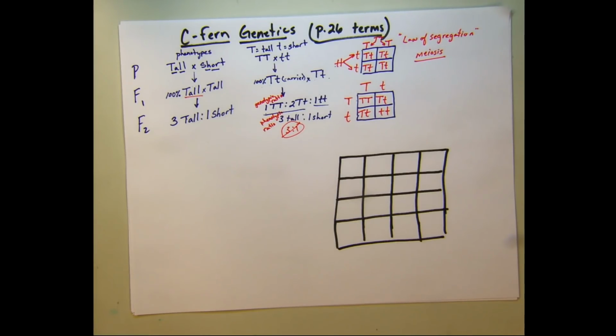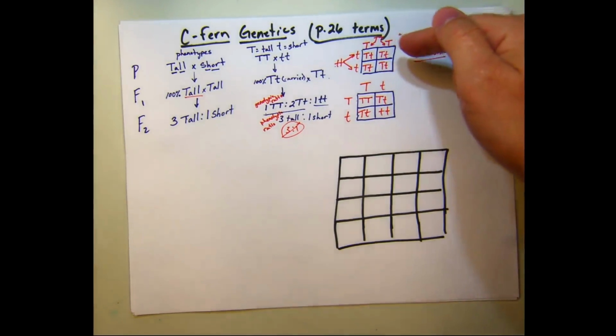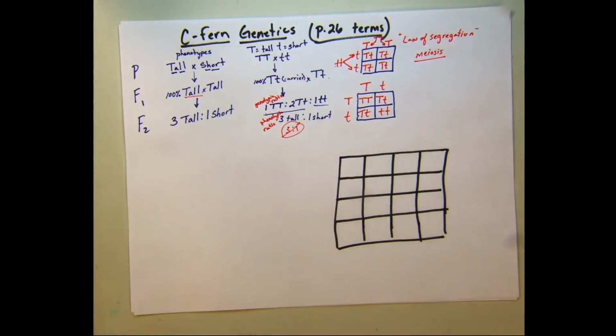Okay. Now let's talk about, going from a monohybrid cross, a dihybrid cross. All right, when you talk about more genes, you've got to include more blocks. Now, a dihybrid cross is when we're talking about two traits.